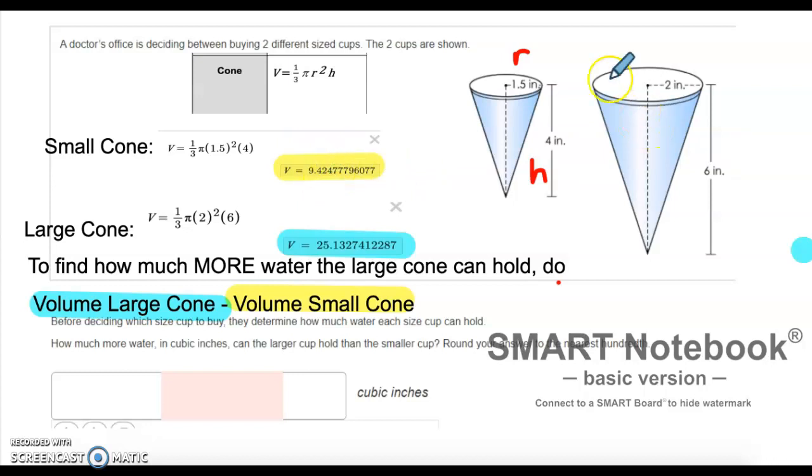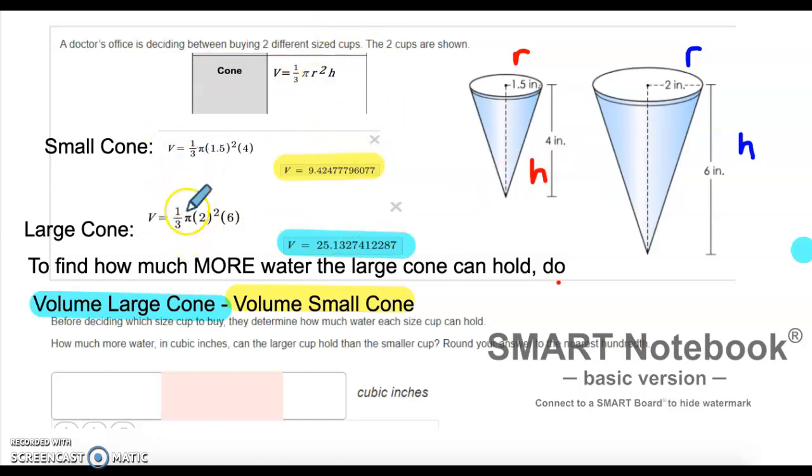Next, we need to calculate the volume of the large cone using the same formula. So looking at our larger cone here, the radius, or the distance from the center of the circle to the perimeter, is 2 inches, and the height is 6 inches. So to find the volume of the large cone, again, we're using the volume formula from the state test reference sheet.